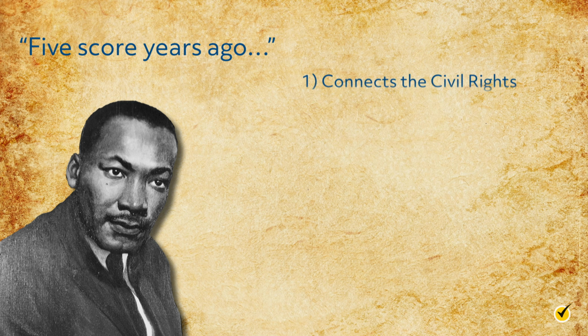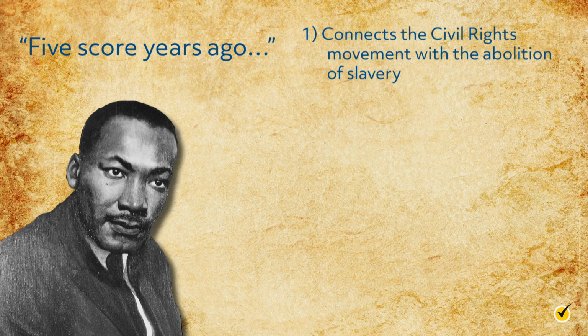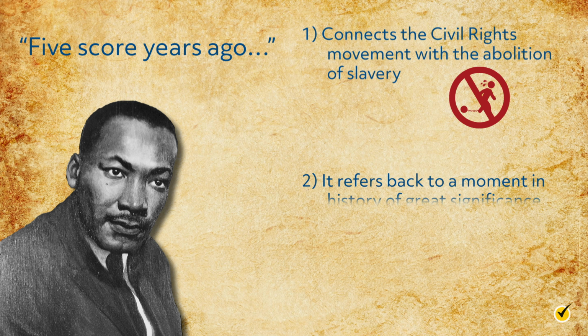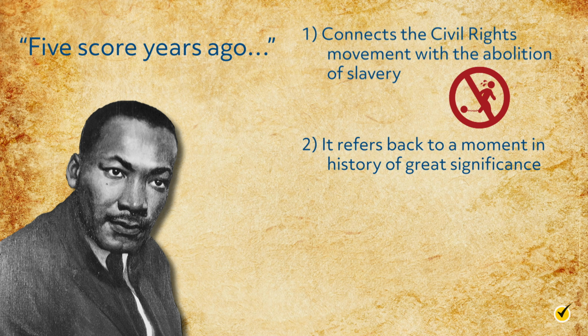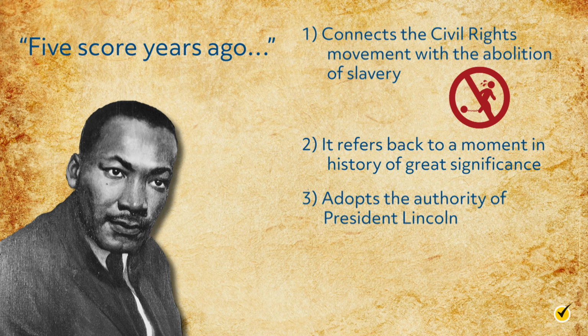One, it connects the civil rights movement with the abolition of slavery, thus showing the pressing nature of both, and suggesting that gaining equal rights is a crucial next step in terms of social progress. Two, it refers back to a moment in history of great significance. Three, it recalls, and by doing so, adopts the authority of President Lincoln.